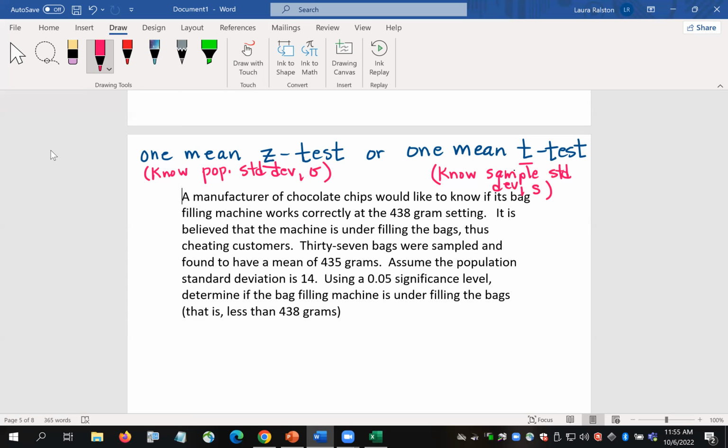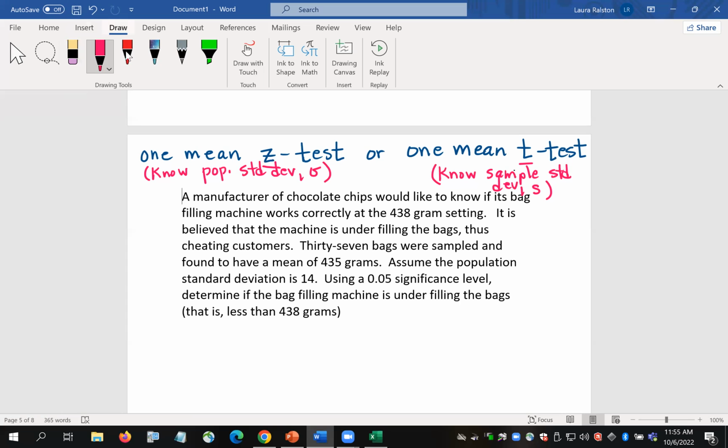Assume the population standard deviation is 14. Using a 0.05 significance level, determine if the bag filling machine is underfilling the bags.